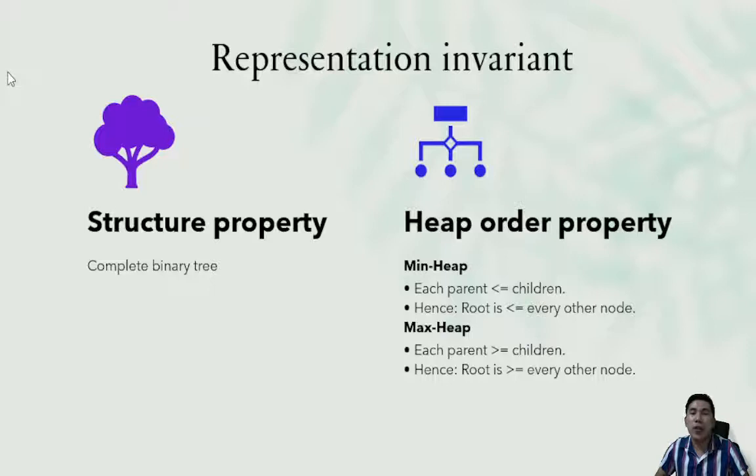Therefore, the root has the lowest value among all other nodes. In contrast, in a max heap the parent must be greater than or equal to its children. Therefore, the root is greater than or equal to every other node.